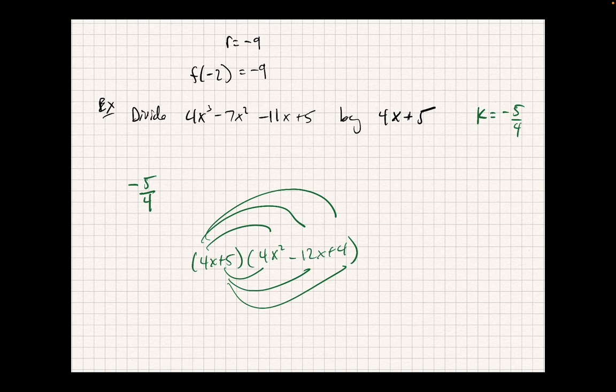Yeah, I think you do. Actually, you get 16x cubed and then 20x cubed. So what did you get in here? You have to bring down the 4, so that doesn't make sense.